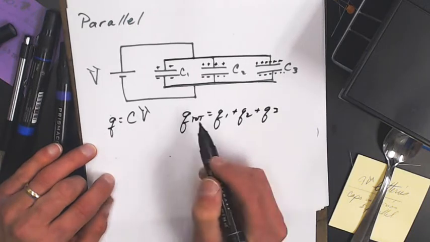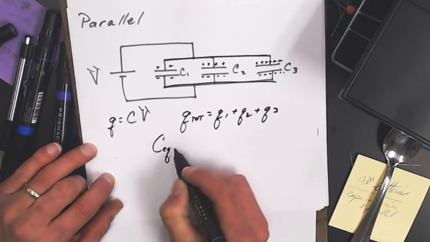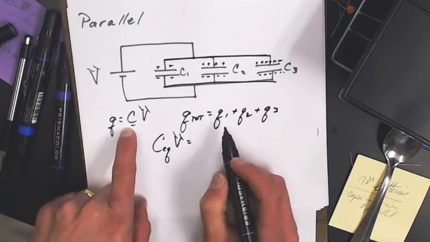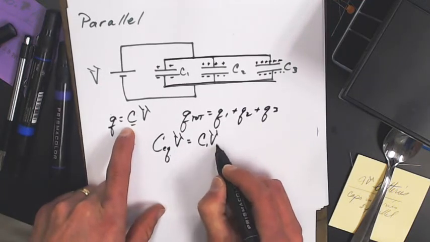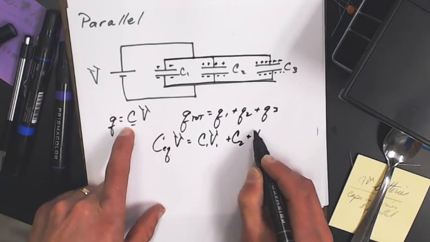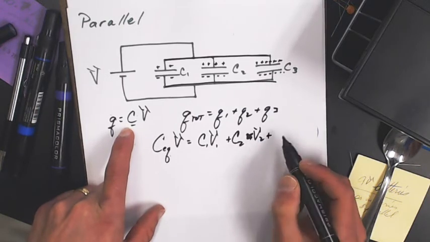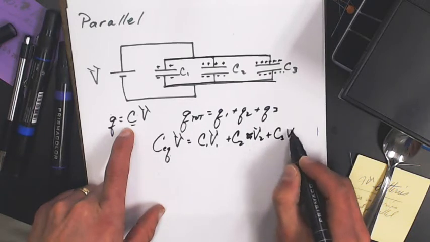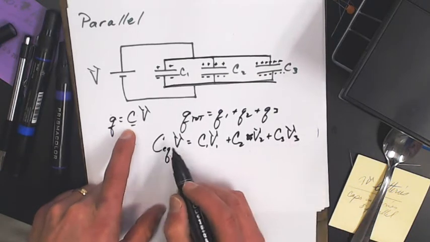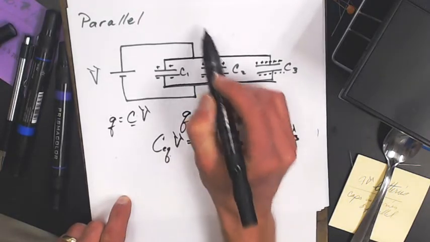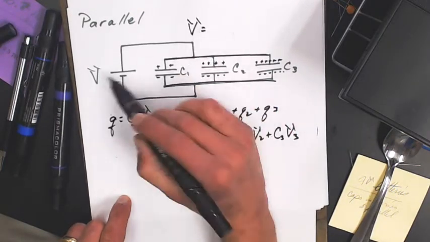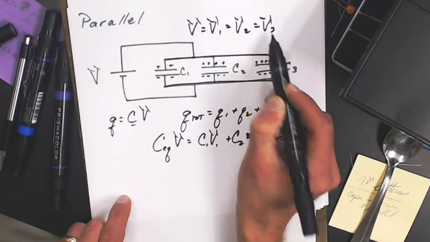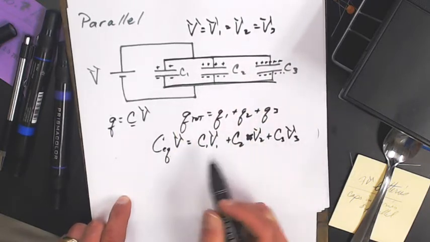So my total charge is going to be my equivalent capacitance times whatever the potential is, and that's going to be the capacitance of 1 times the voltage of 1 plus the capacitance of 2 times the voltage of 2 plus the capacitance of 3 times the potential of 3. But because they're in parallel, V of the battery equals V1 equals V2 equals V3. The potential across each one of them is the same.